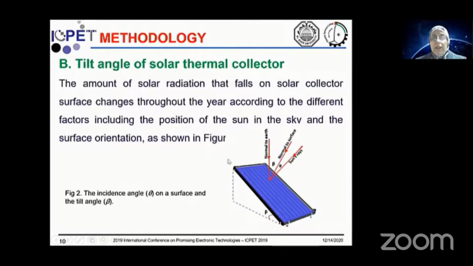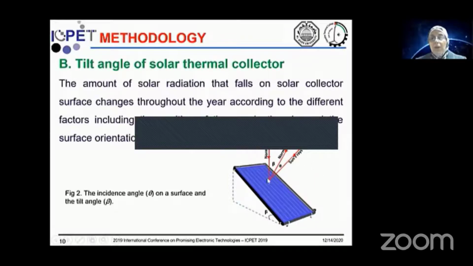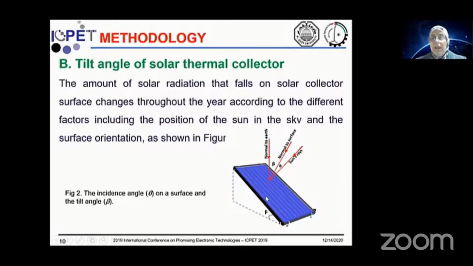In the figure, we will focus on 2 parameters: the tilt angle, beta, which is between the surface of the collector and the horizontal, and theta, which is the angle between the sun ray and the normal to the surface. We can tell from this diagram that wherever the sun is changing, this will affect the incidence angle and also the value of beta, which will affect the useful energy gained.